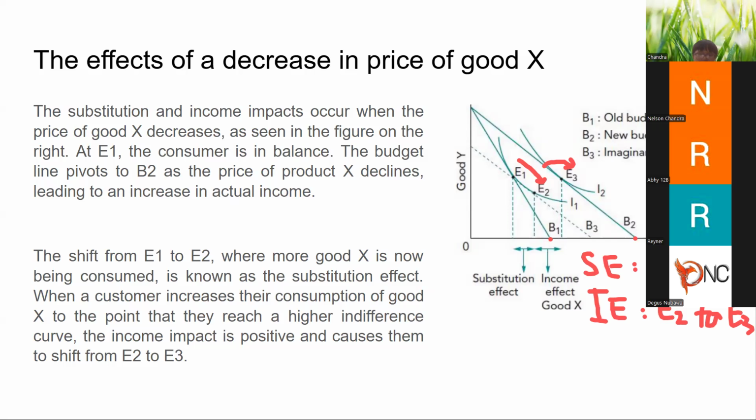If they have more budget or more income, they are able to consume more of goods X and Y. Therefore, the income effect is going to move to the right. It's going to shift the indifference curve further away to the right, indicating a positive income effect, which means that more of goods X and Y can be purchased.